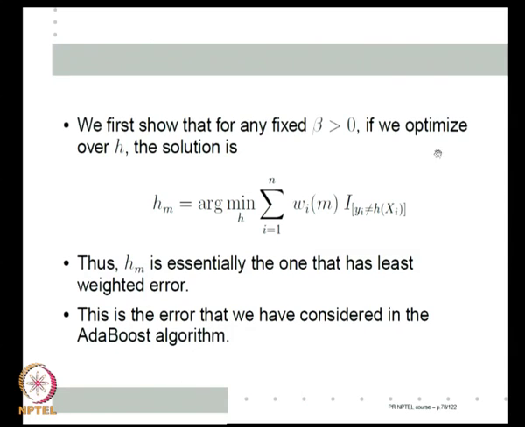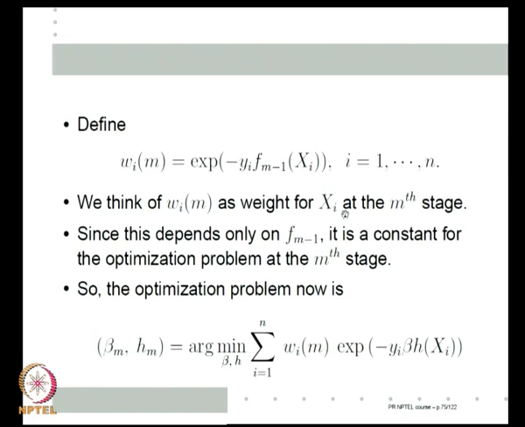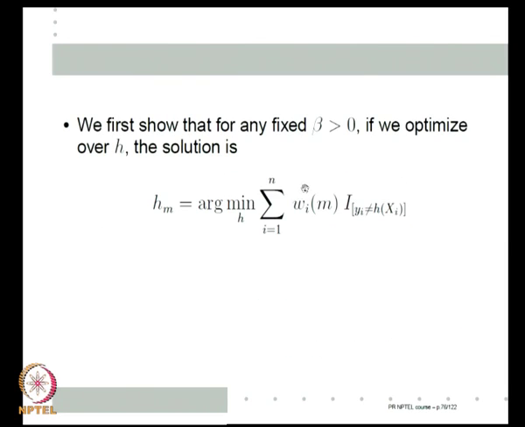Of course, we have not yet shown that this w_i^m, which we defined with respect to f_{m-1}, has anything to do with our weights, but we will show that later. So, essentially we will first show that if I am minimizing over only h for fixed beta in my mth stage optimization problem for stage-wise learning of additive models, then no matter what value of fixed beta, as long as beta is positive, this will be the solution.